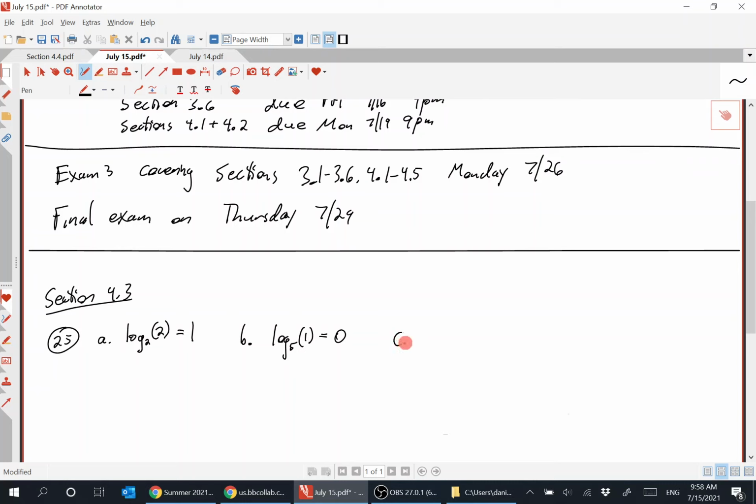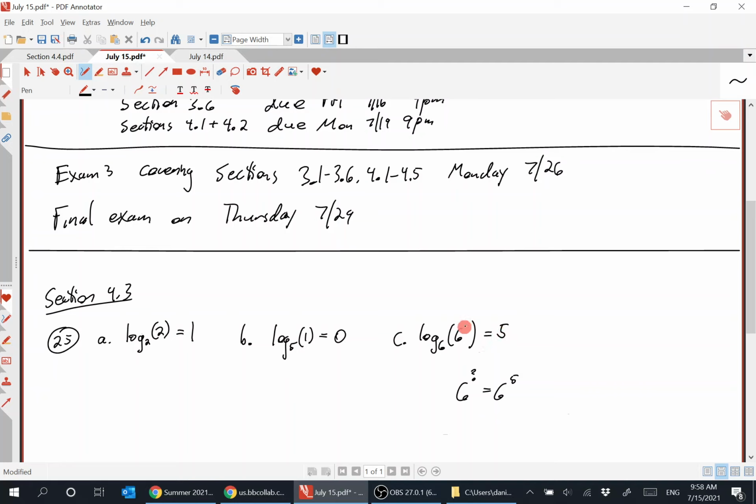And part C, log base 6 of 6 to the 5th. So 6 to which exponent is equal to 6 to the 5th? To the 5th, obviously.